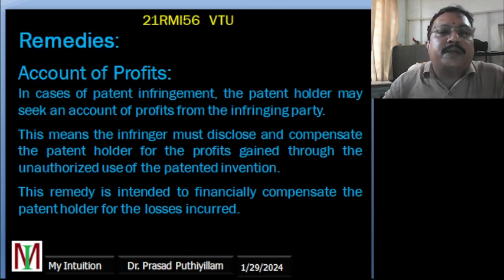It means if somebody misused it and got some income from that, then the law says they should disclose how much income they have gained from that. Exactly, they have to mention what profit they got. That profit he has to hand over to the one who actually holds the patent. Okay, so that is the second one.